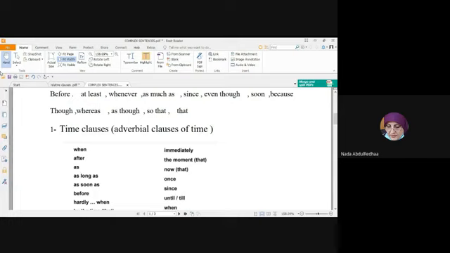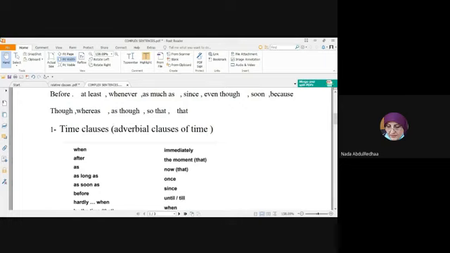It is not necessary to find only time clauses before we say that this is a complex sentence. No, there are other types of clauses that, when they are within the sentence, make it a complex sentence. For example, a time clause is one of them. A relative adjectival clause also.